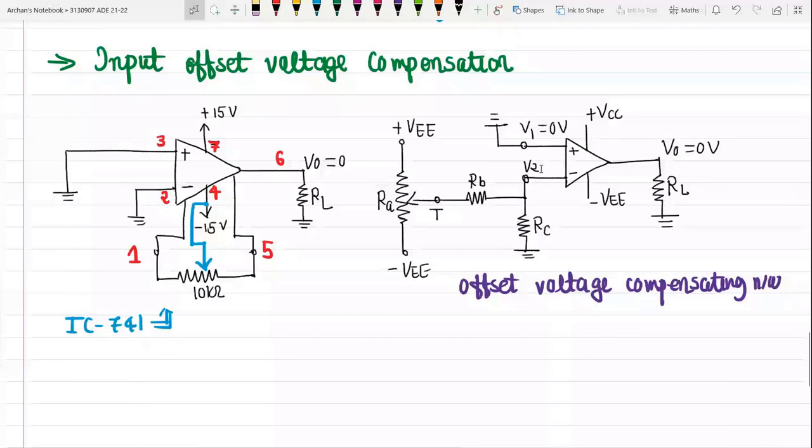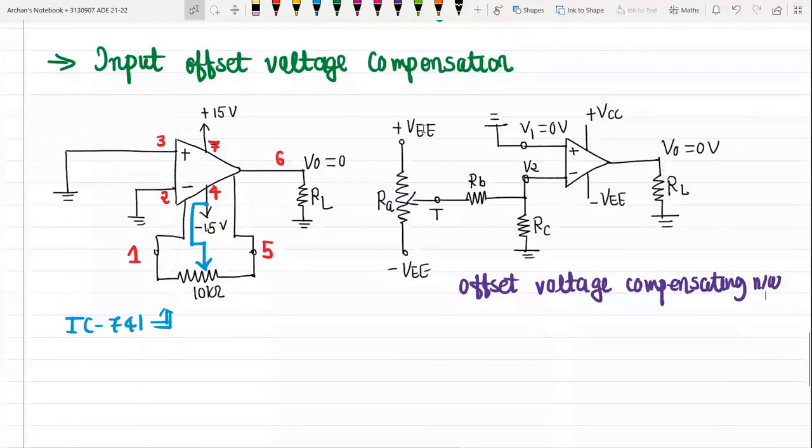Here we will consider two cases. The one case is when the output is positive, and this is the case where V1 will be greater than V2. When V1 is greater than V2, then V2 should be increased till it is equal to V1. Then the output voltage will be equal to 0. This is possible by moving the wiper on RA towards plus VCC.